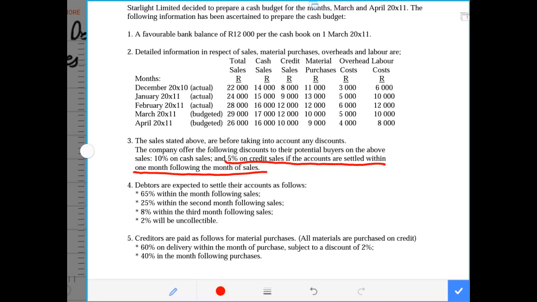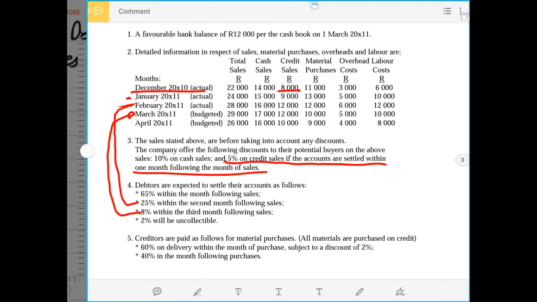So now let us do the collection. In December we had credit sales of 8,000, and 65% of that will be paid in January, but we don't do a budget for January. 25% will be collected in February, and we don't do a budget for February. 8% will be collected in March, and we are doing a budget for March.